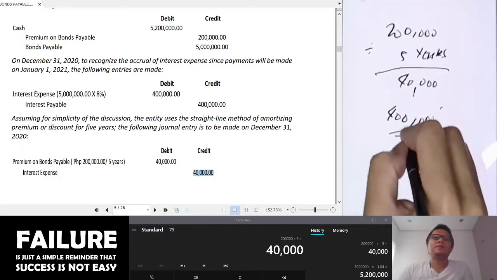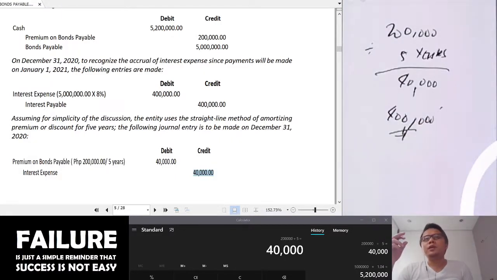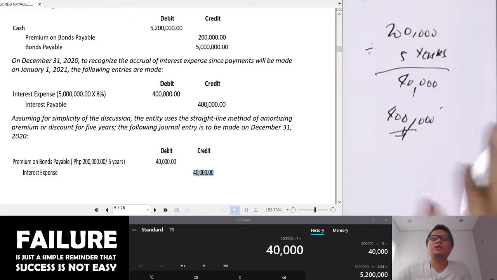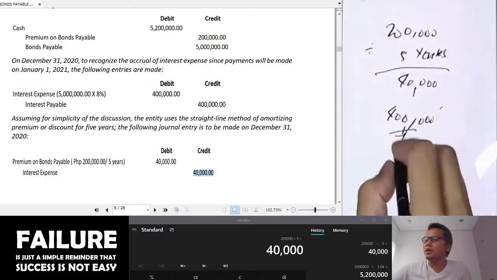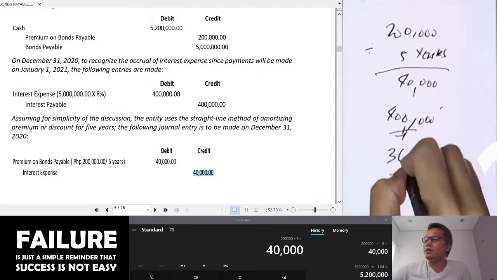400,000. However, if we are to be asked how much is the actual interest expense for this particular bond issue in the first year, or as of December 31, 2020, then obviously the answer would be 360,000.